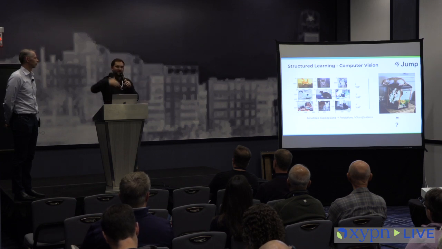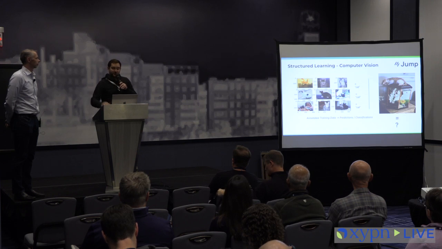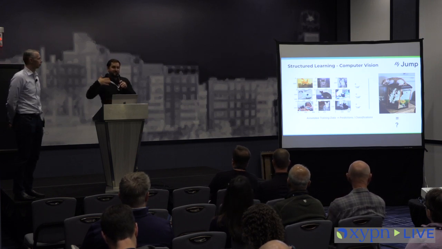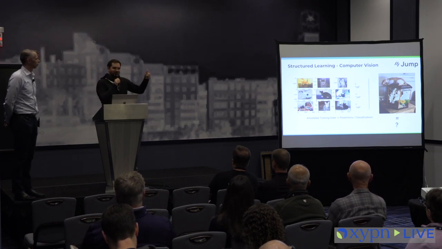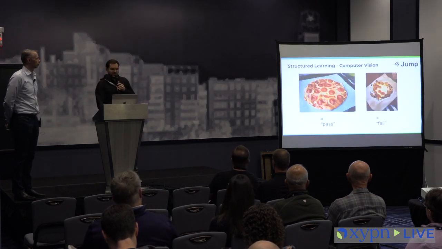You say these are all cats, and then you give it a new image it's never seen before and ask, is this a cat? This is an example of structured learning. It requires large amounts of annotated data, and it gives you predictions or classifications. In the same way that you're classifying, oh, I know that song because I've seen it before, that's a classification structured learning example.